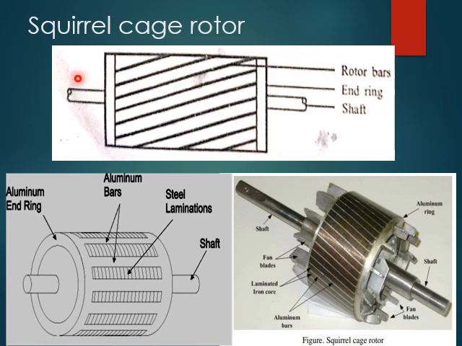Now all the bars are welded at both edges to metal rings called end rings, which form a permanent short circuit. Hence, it is not possible to add any external resistance in series to the circuit. Thus, this rotor construction looks like a squirrel cage.